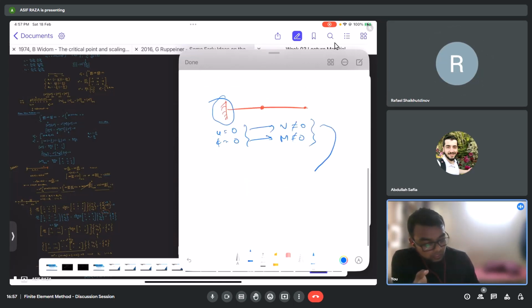So what we have there is EI d cube W by dx cube, something like this, and EI d2W by dx square.